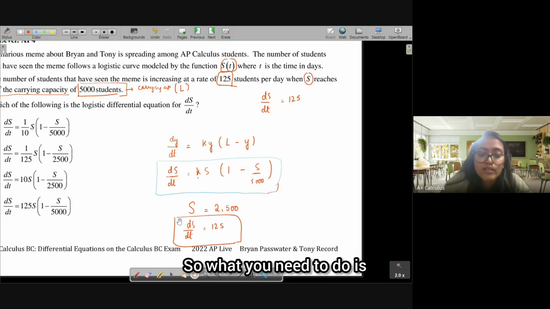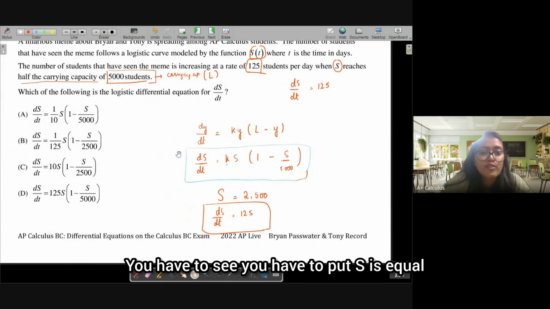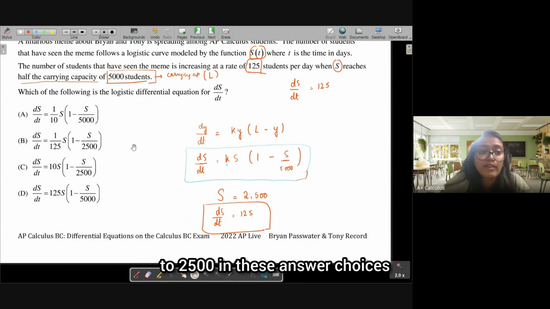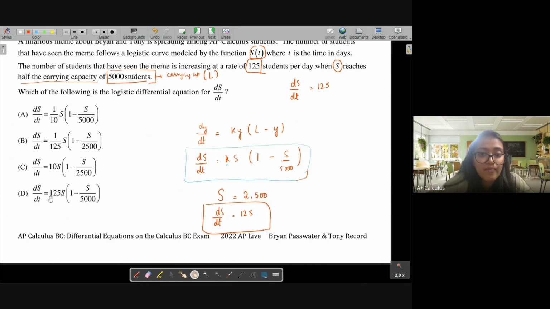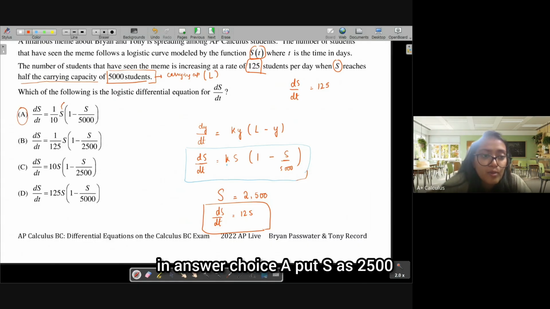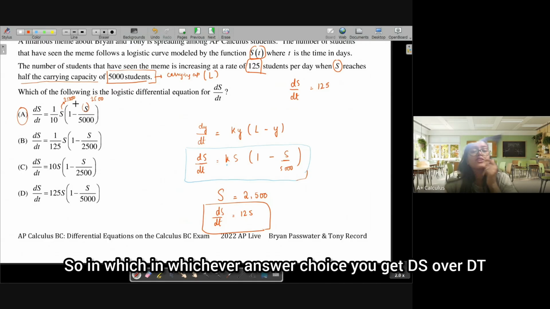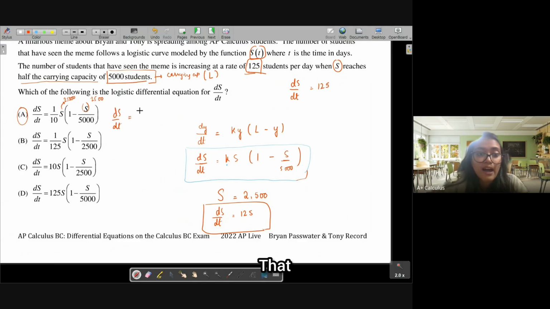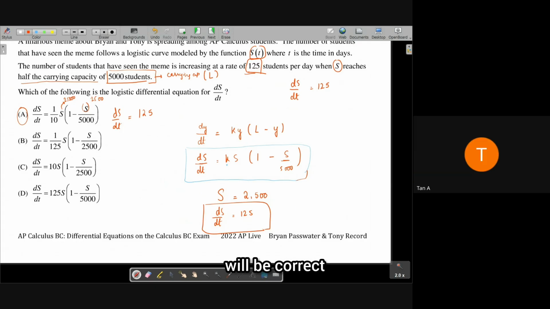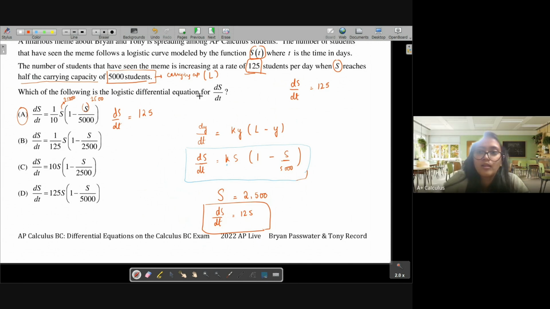So what you need to do is put S equal to 2,500 in these answer choices. For example, in answer choice A, put S as 2,500. In whichever answer choice you get ds over dt as 125, that will be correct.